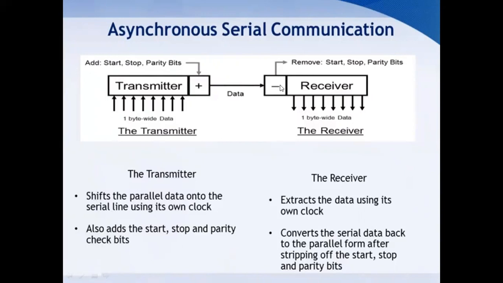So you transmit the data, and at the receiving end, it will extract the data using its own clock and convert the serial data into parallel data by removing the start bit and stop bit.